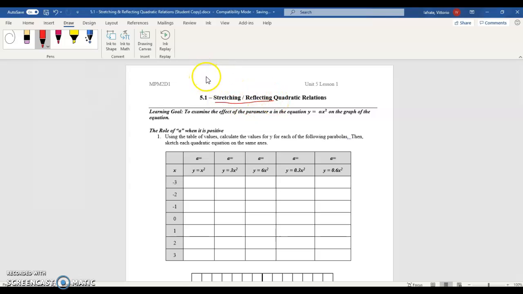So what we saw was the stretching and reflecting of quadratic relations. We saw that if a was larger than 1 in the relation y is equal to ax squared, what that means is that we have a vertical stretching of the parabola y is equal to x squared, meaning that it's rising faster.